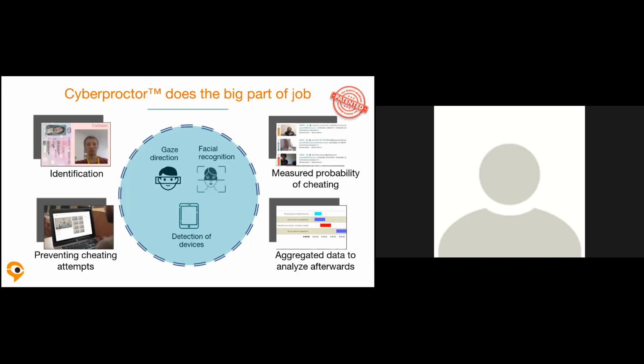So as for the features, I think I should start with the foundation of our technology, which is the cyber proctor. This is what we call our AI. This is patented technology, which gives us the opportunity to detect the user's behaviors during the online assessment. Right here on this slide, you can see what the cyber proctor is basically used for. It is used for user identification.